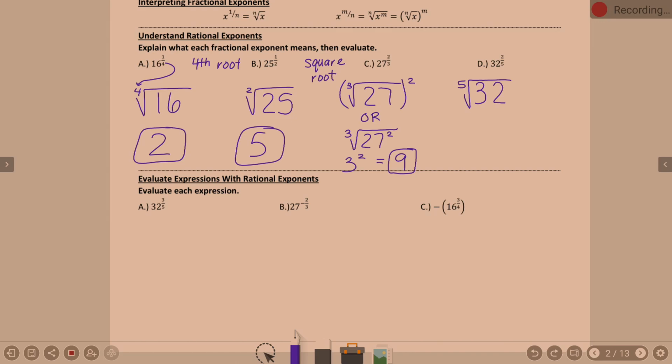And again, you can write it either way. You can put the 2 there, or you can say the 5th root of 32 and square that. They do the same. The point is, it doesn't matter which way you go first. You don't have to write both. Write what you want.